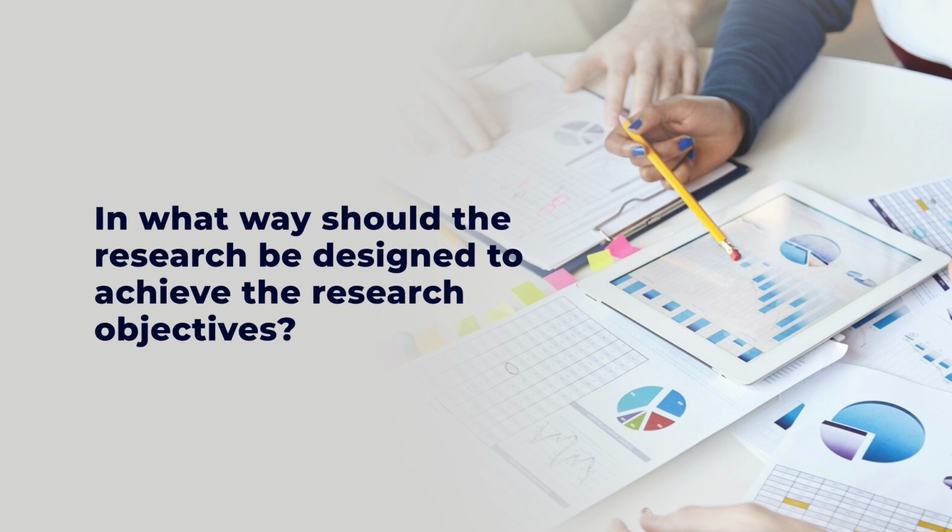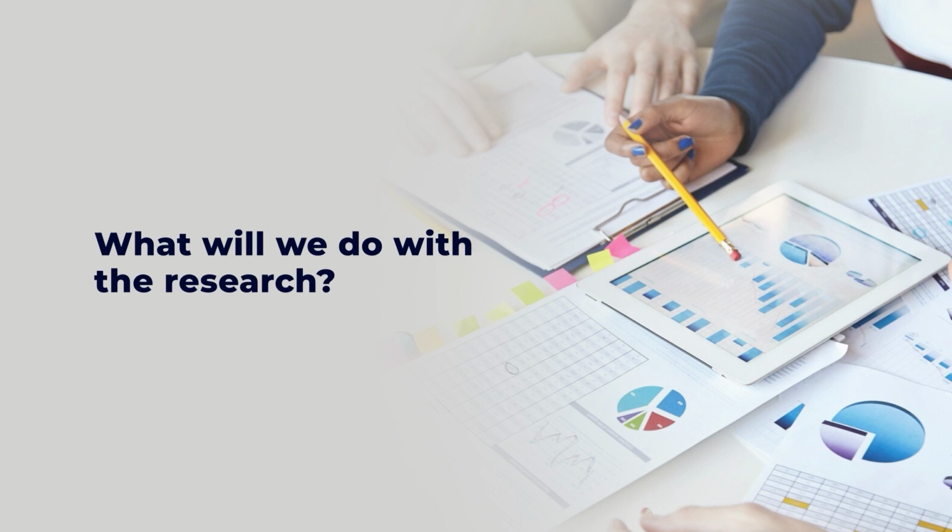In what way should the research be designed to achieve the research objectives? It includes the selection of research approach, and finally the question is what will we do with the research? That means utilizing the findings and ensuring the research results are implemented to benefit the business decisions.